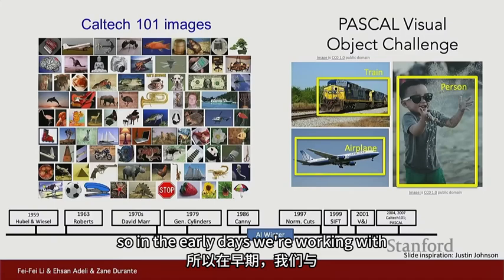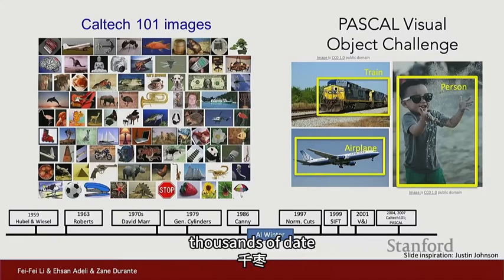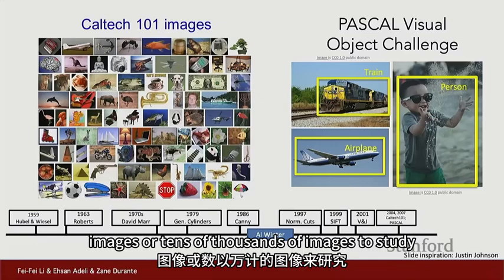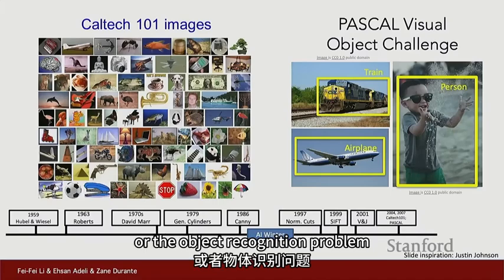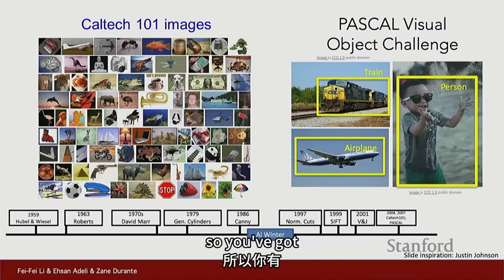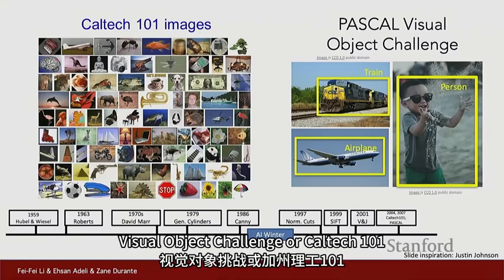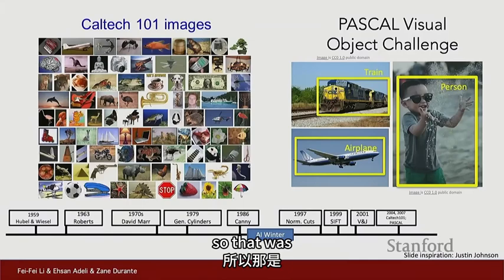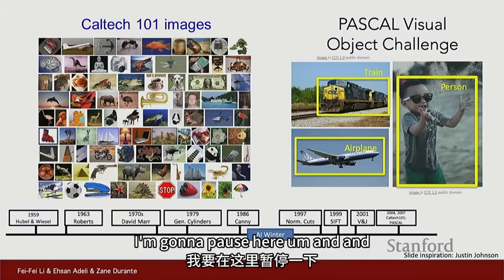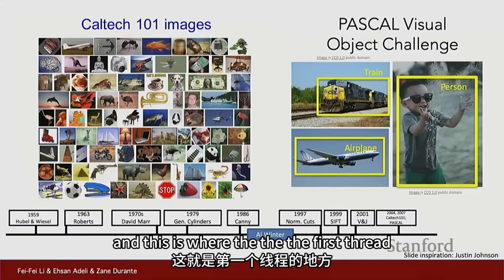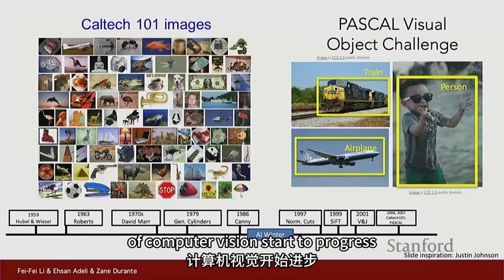So in the early days, we were working with thousands or tens of thousands of images to study the visual recognition problem, the object recognition problem. You've got data sets like the Pascal Visual Object Challenge or Caltech 101. So that was, I'm going to pause here, and this is where the first thread of computer vision started to progress.